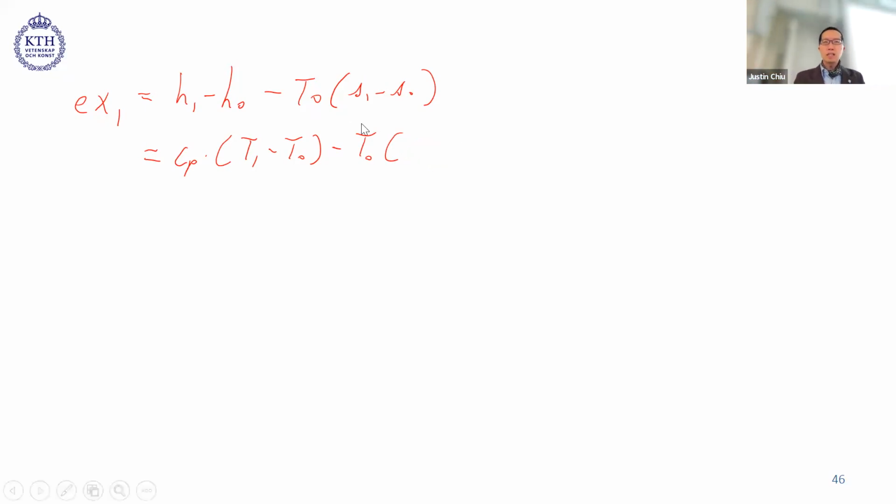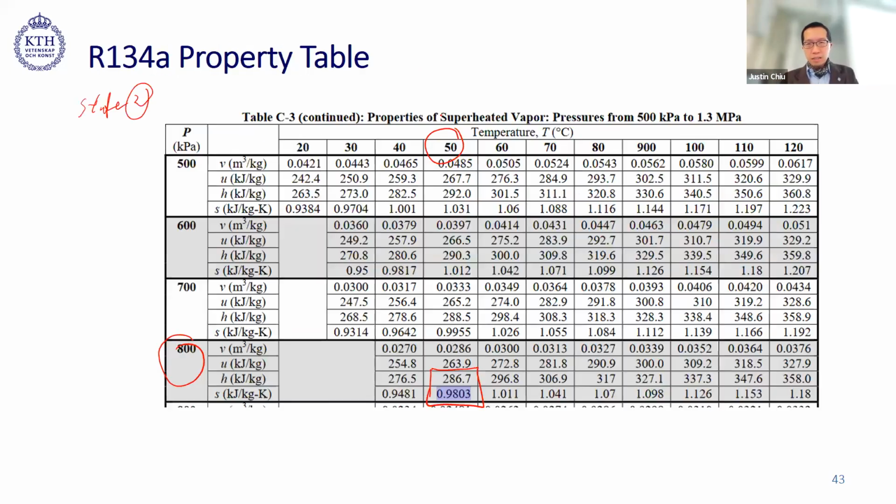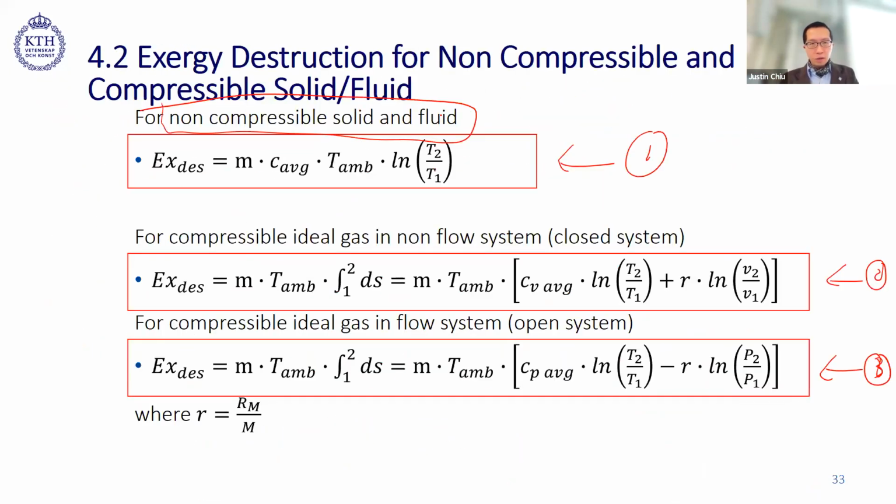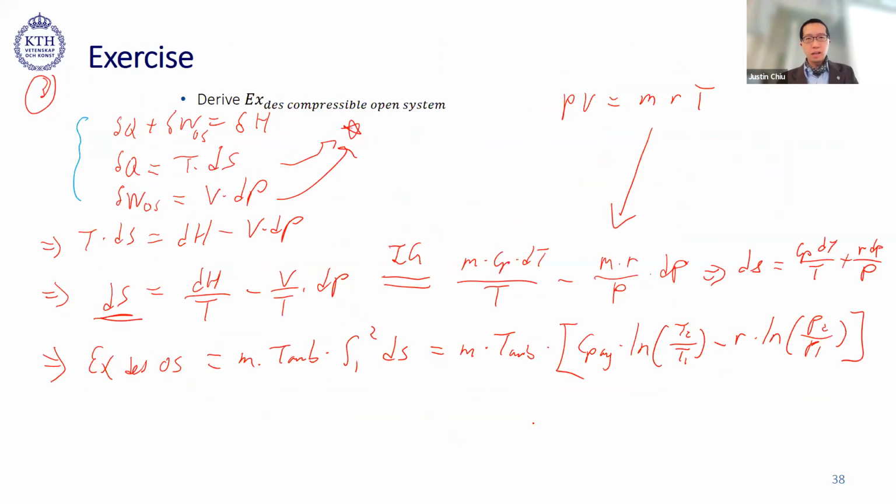So what is this S1 minus S0? You can run this integration, right? So basically it's the integration of ds, and we did this integration earlier from 0 to 1. Where do we have that? We have that over here. This is the integration of ds, right? So we just replace everything there. We did this process already once.